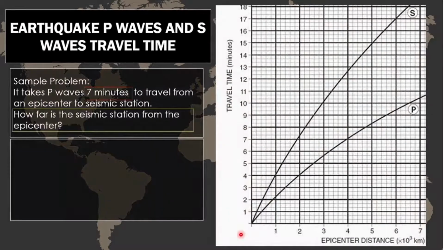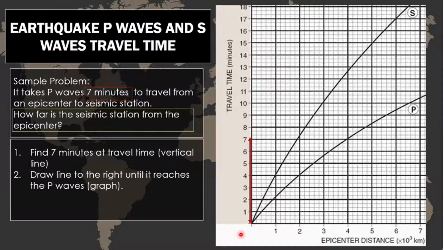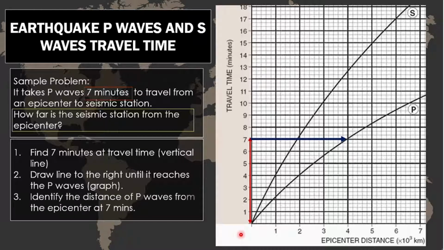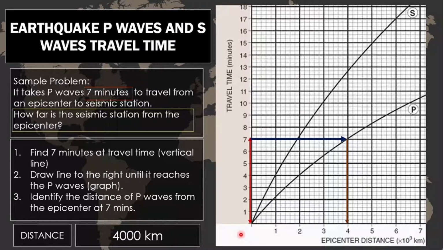Here are the steps in finding the epicenter distance. Find 7 minutes at travel time, vertical line. Draw a line to the right until it reaches the P waves. Identify the distance of P waves from the epicenter at 7 minutes. The answer is 4,000 kilometers.